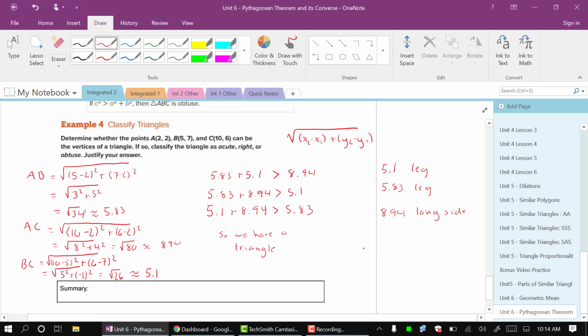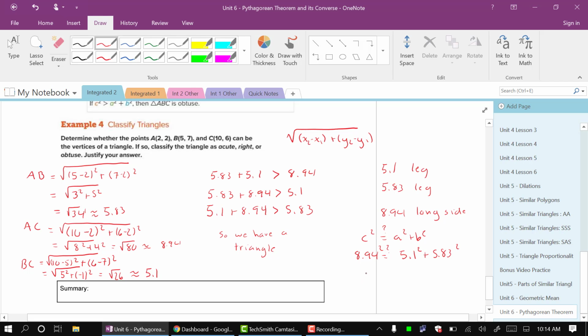That's what we want to find here. So c squared, will that equal a squared plus b squared? So plug it in. 8.94 squared, will that equal 5.1 squared plus 5.83 squared?